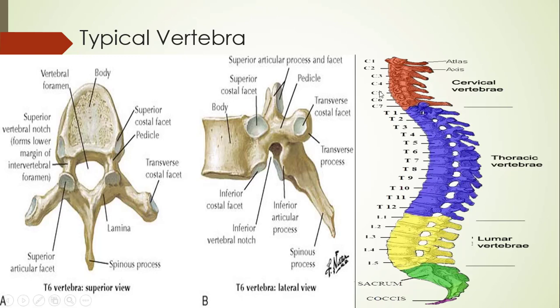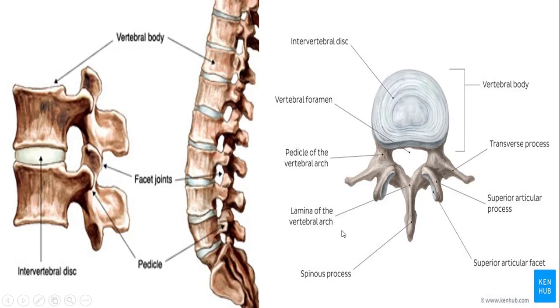As you can see, it increases in size as it descends from cervical 1 to lumbar 5, the cervical 1 being the smallest and the lumbar 5 being the largest. We are not considering here the sacrum or the coccyx because these bony elements are often fused together into one sacrum and one coccyx. We also have a fibrocartilaginous structure, the intervertebral disc, that separates vertebral bodies from each other.